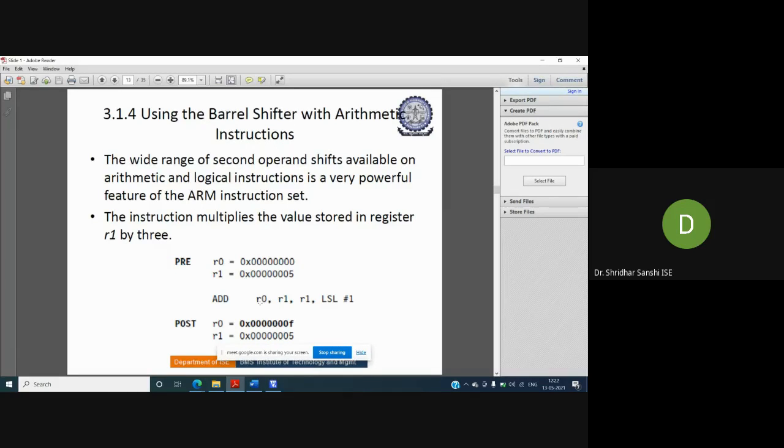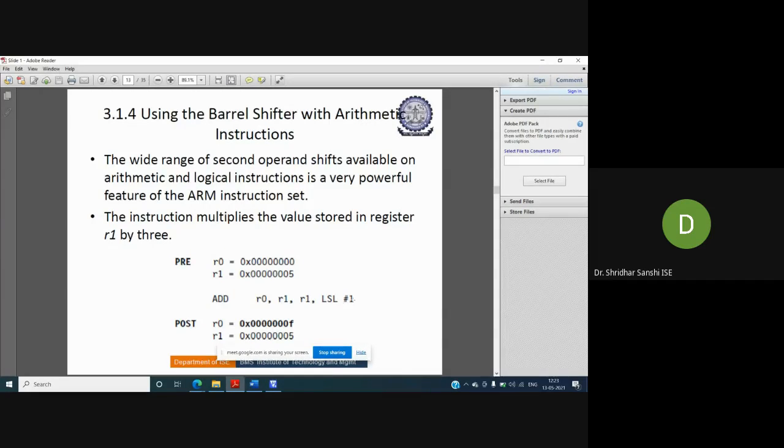We are shifting the content of R1 by 1 bit, and then adding the result to R0. In R0 we have 0, and R1 is 5.